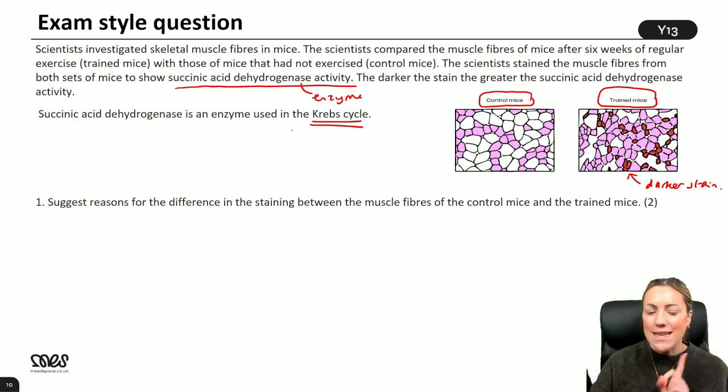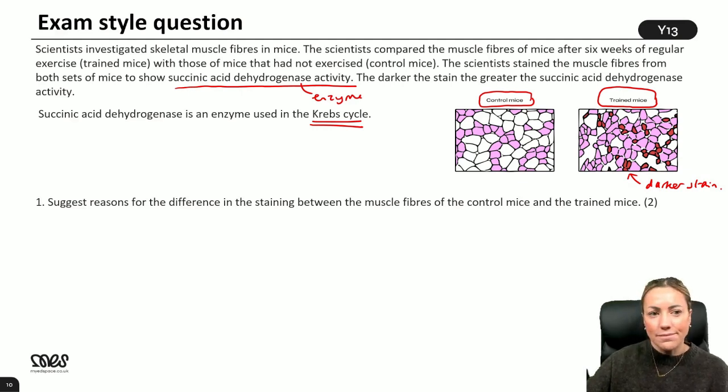Okay, this makes sense. So we're staining the muscle fibers. The darker the stain, the more enzyme. And this enzyme is used in the Krebs cycle, which is part of aerobic respiration. So suggest reasons for the difference in the staining.